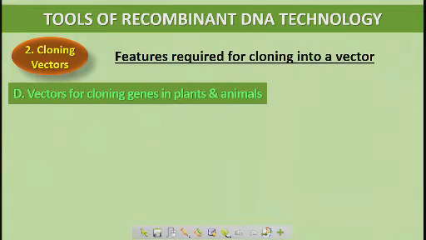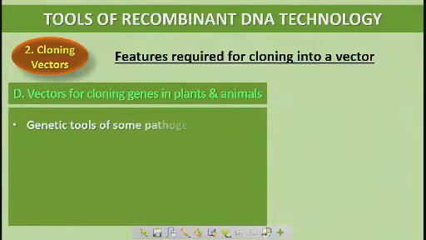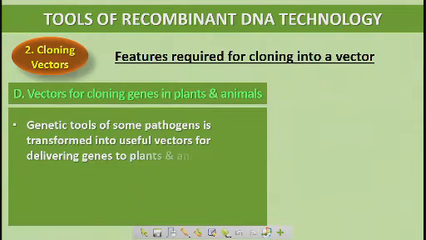Next feature is the vectors for cloning genes in plants and animals. Genetic tools of some pathogens are transformed into useful vectors for delivering genes to plants and animals.